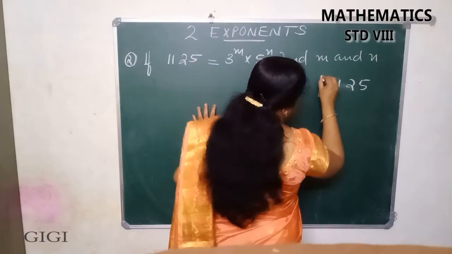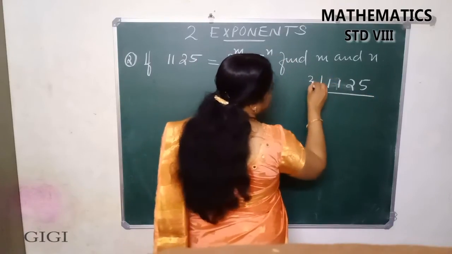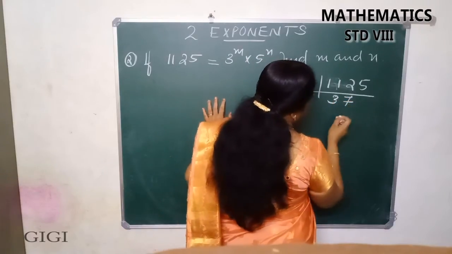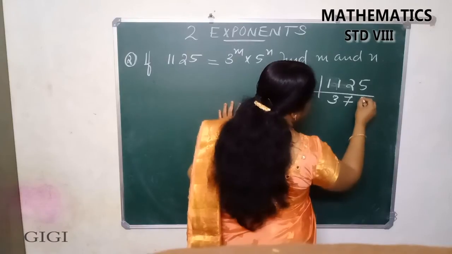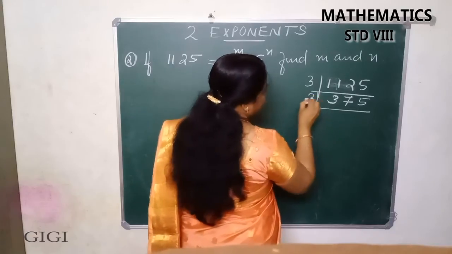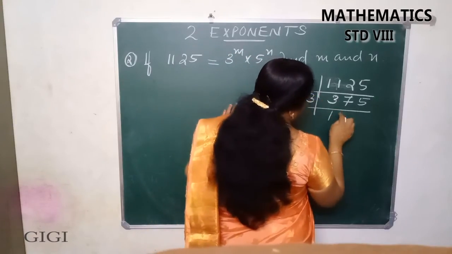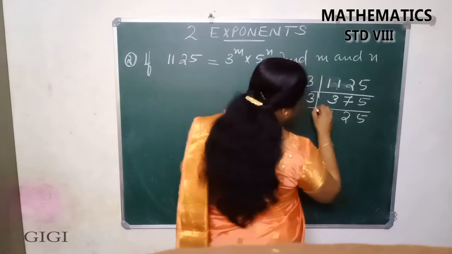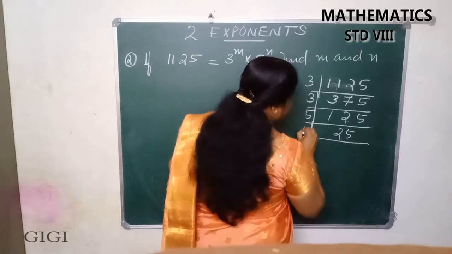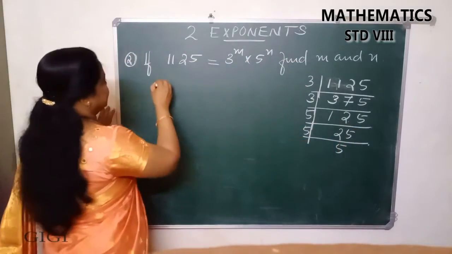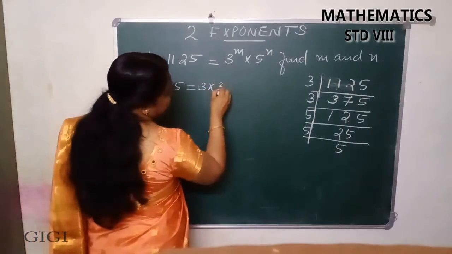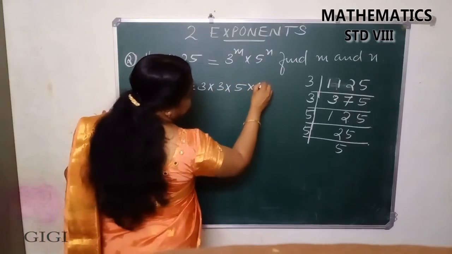1125, dividing by 3, we get 375, then 125. Then dividing by 5, we get 25, then 5, then 1. So we can write 1125 is equal to 3 into 3 into 5 into 5 into 5.